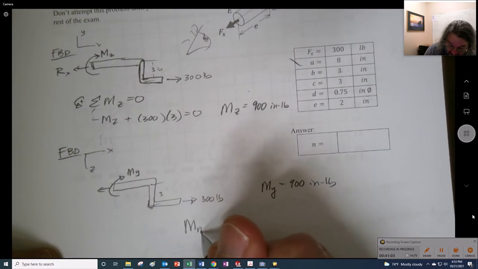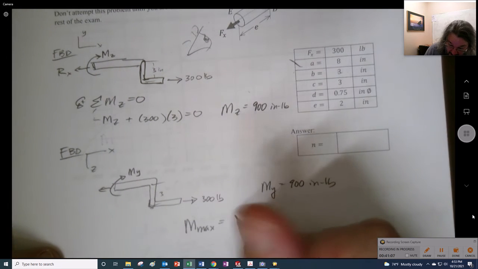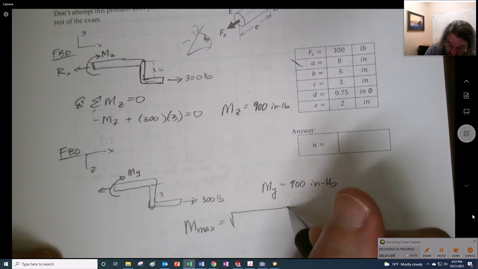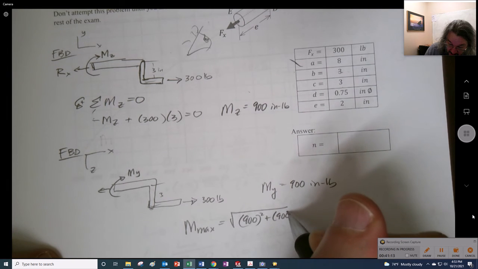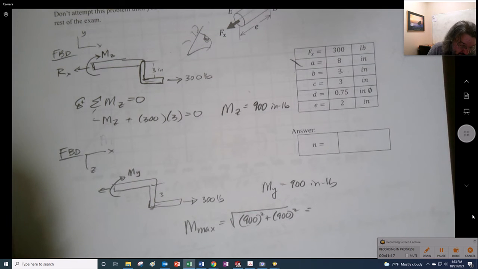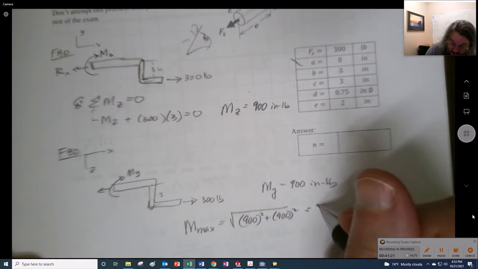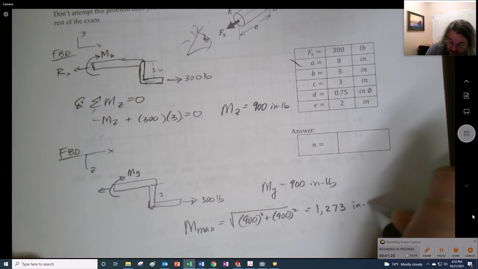The max that this thing sees is the square root of 900 squared plus 900 squared, which is 900 squared times 2, take the square root, so we get 1,273 inch-pounds.